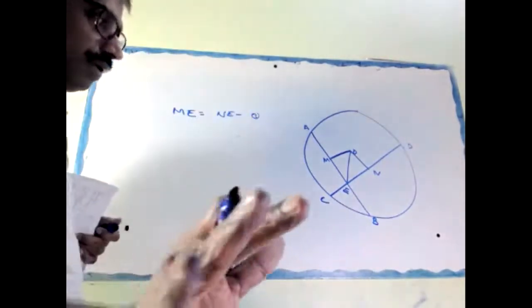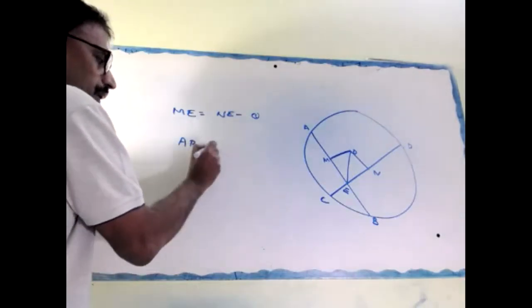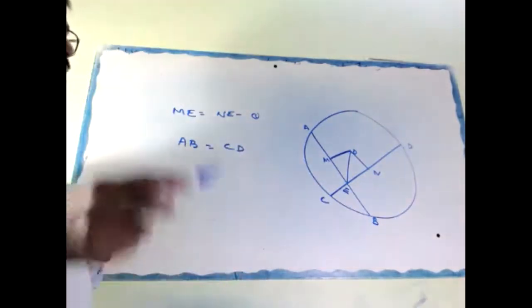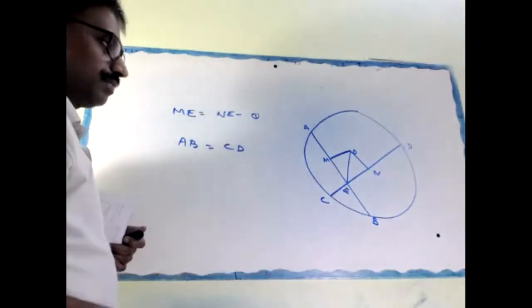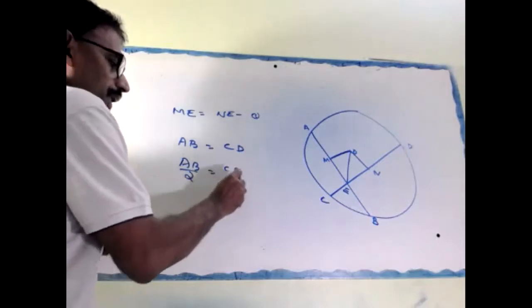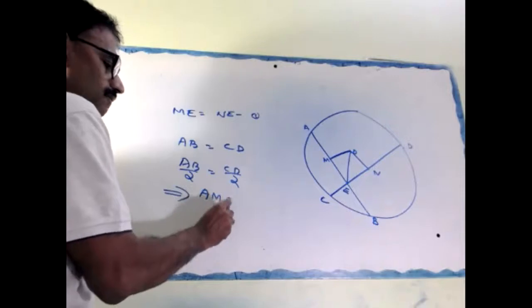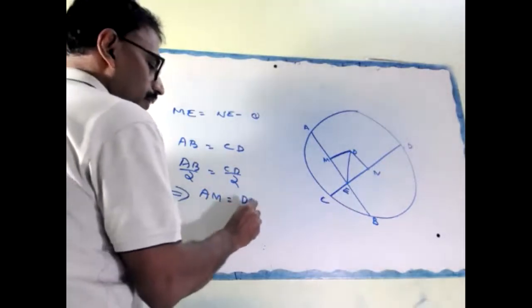After that, listen all. Don't write. AB equal to CD given, right? Therefore, AB by 2 equal to CD by 2. That means AM equal to DN, number 2.